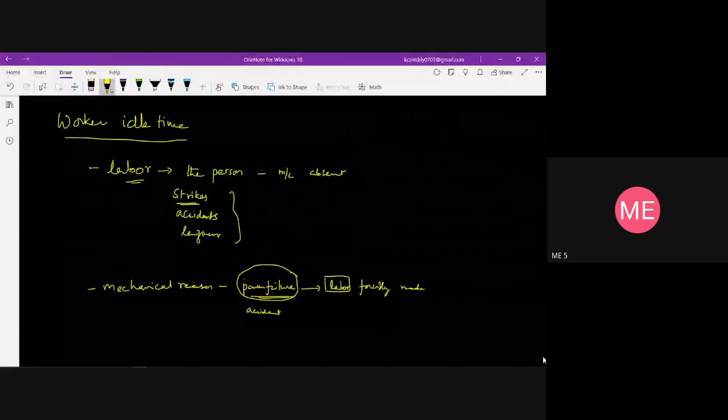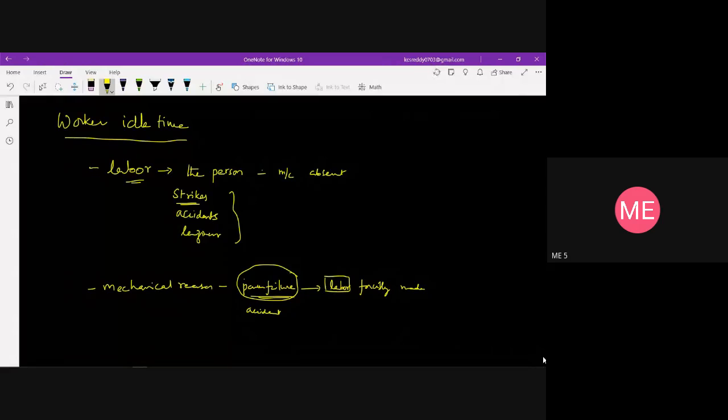Maybe it is a power failure, or it may be accidents, as we discussed in the machine idle time. During this time the laborers are forcibly made to sit idle because of these reasons. They cannot work on the machines without power.